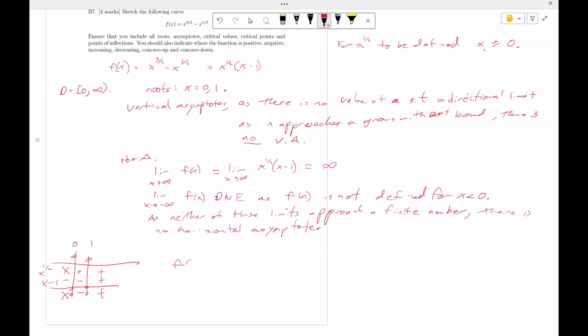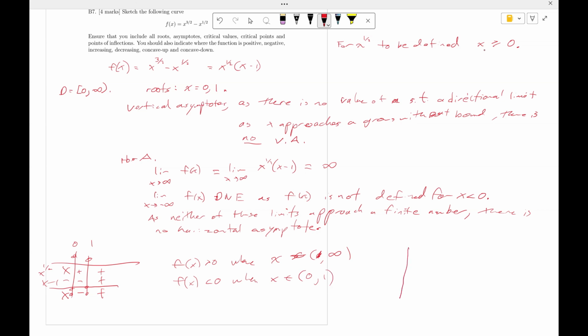So f of x is greater than 0 when x is in the interval 1 to infinity, and f of x is less than 0 when x is in the interval 0 to 1.